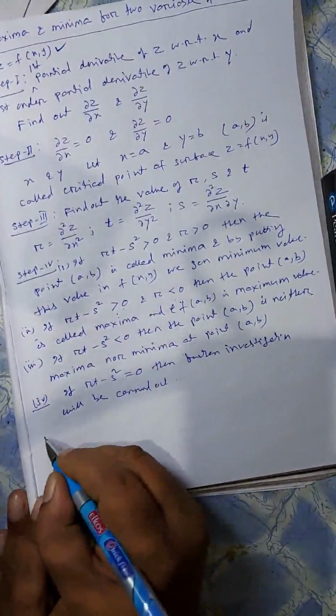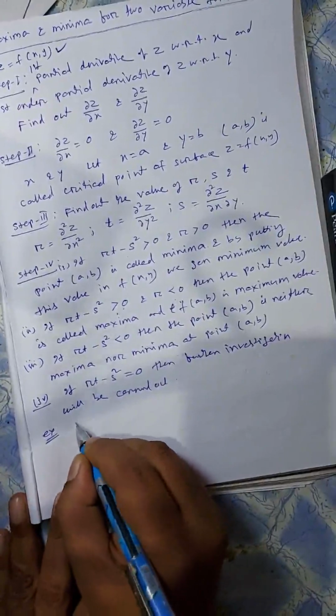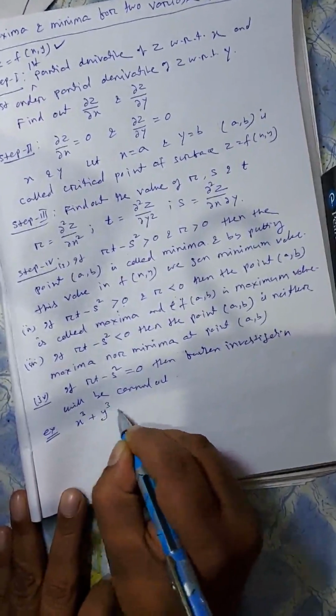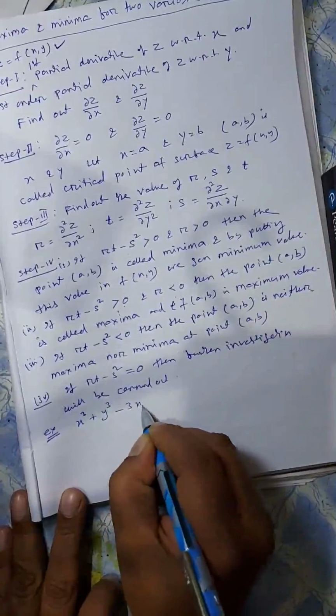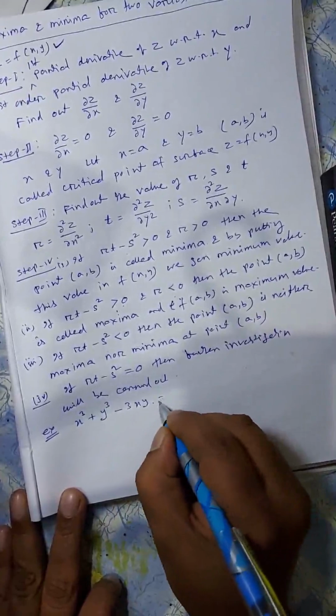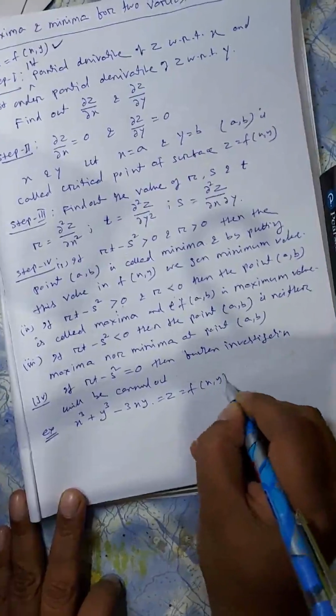If I take one example, suppose we take x cube plus y cube minus 3xy, which is equal to z, a function of x and y.